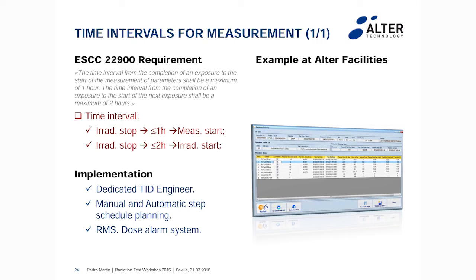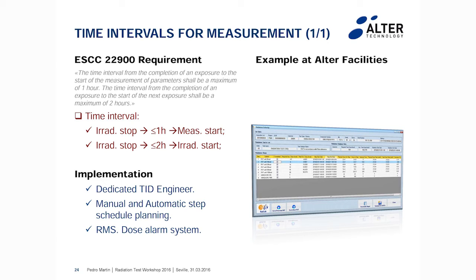The time is very important as well in the radiation test, because when you are not irradiating the components, a recovery can be found. This recovery changes the results on the electrical measurements.